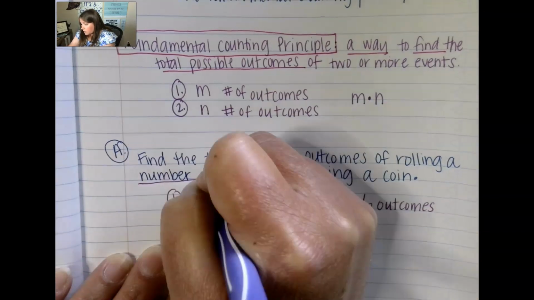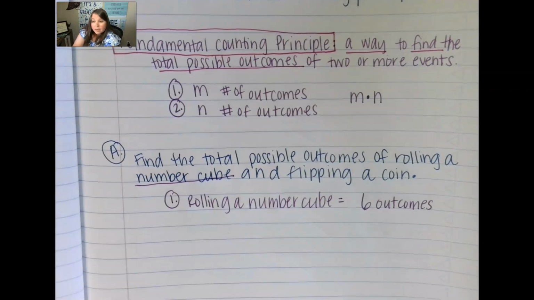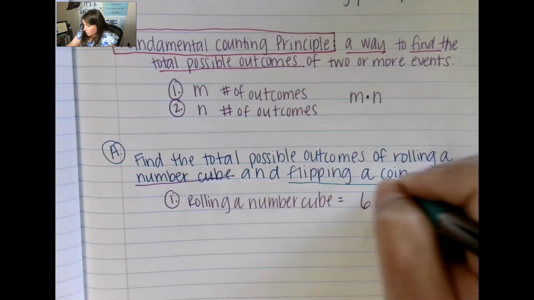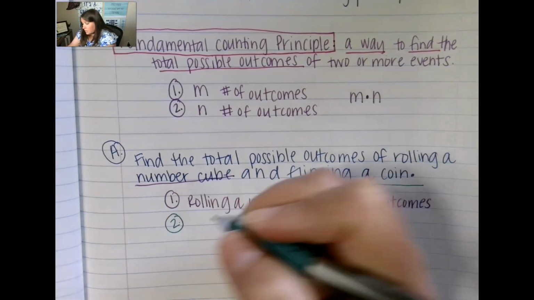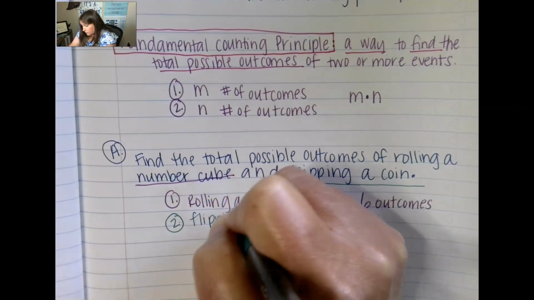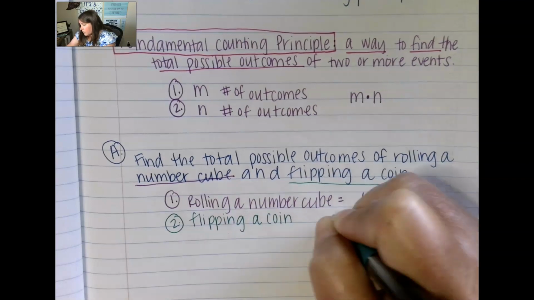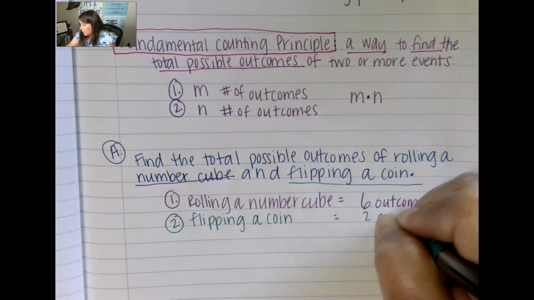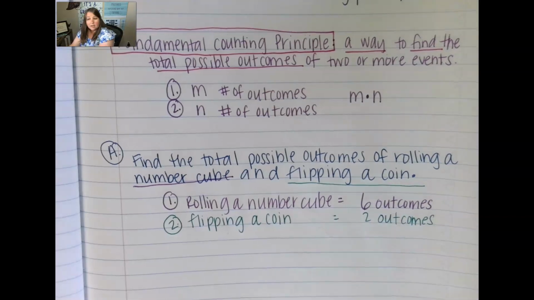So a number cube has 6 possible outcomes. Flipping a coin is the second experiment or the second event. And when we flip a coin, we have 2 outcomes. You could either have heads or tails.